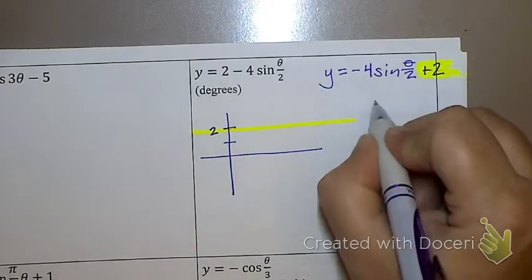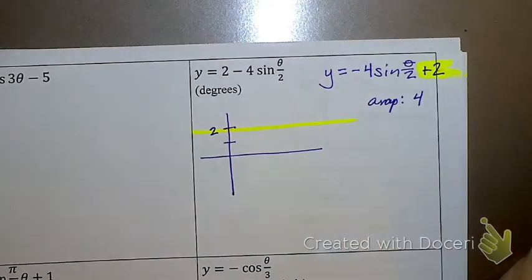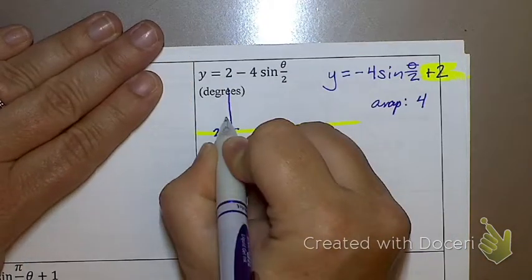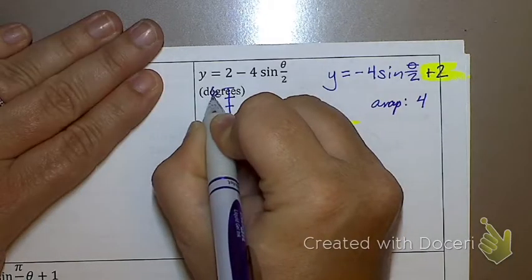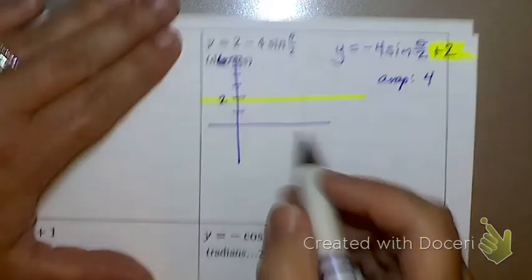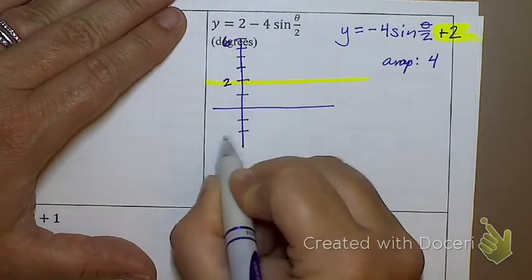What's my amplitude? My amplitude is 4. So I need to go 4 above there, which I didn't space very well, which is up here at 6, isn't it? So we're going to pretend like you can see that that's at 6. What's 4 below there? Negative 2.